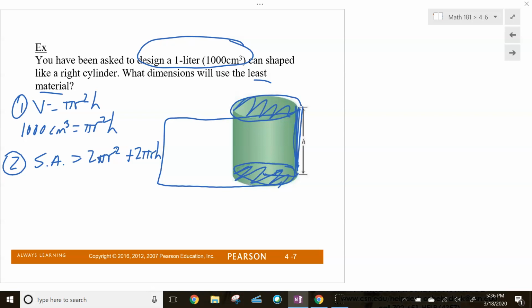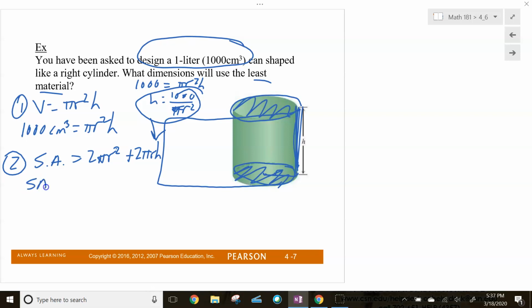So we're going to take the derivative of that surface area. Right now I don't want to take the derivative because I have 2 pi r squared plus 2 pi r h, with both r and h involved. So let's make a substitution for h in terms of r. We know that 1,000 equals pi r squared h, so if I divide by pi r squared, 1,000 divided by pi r squared goes in for h.